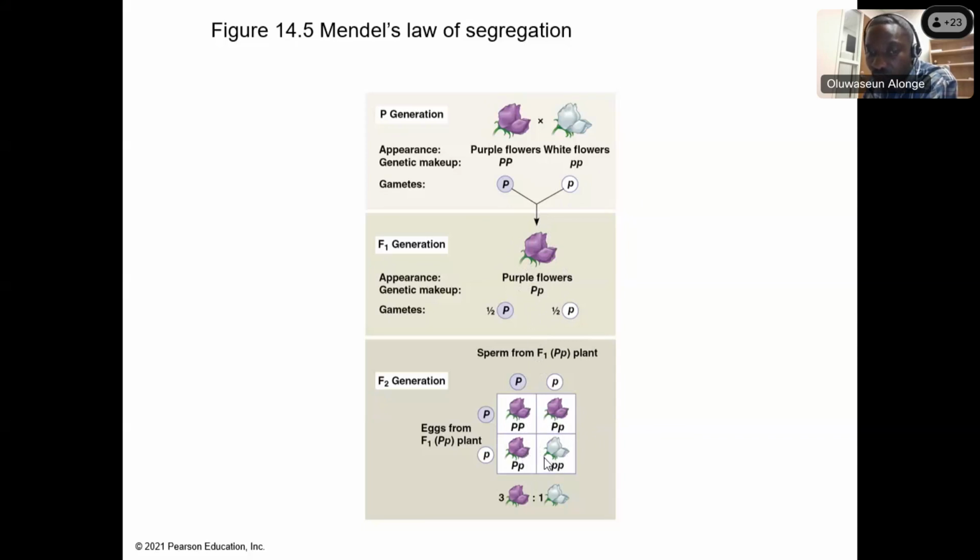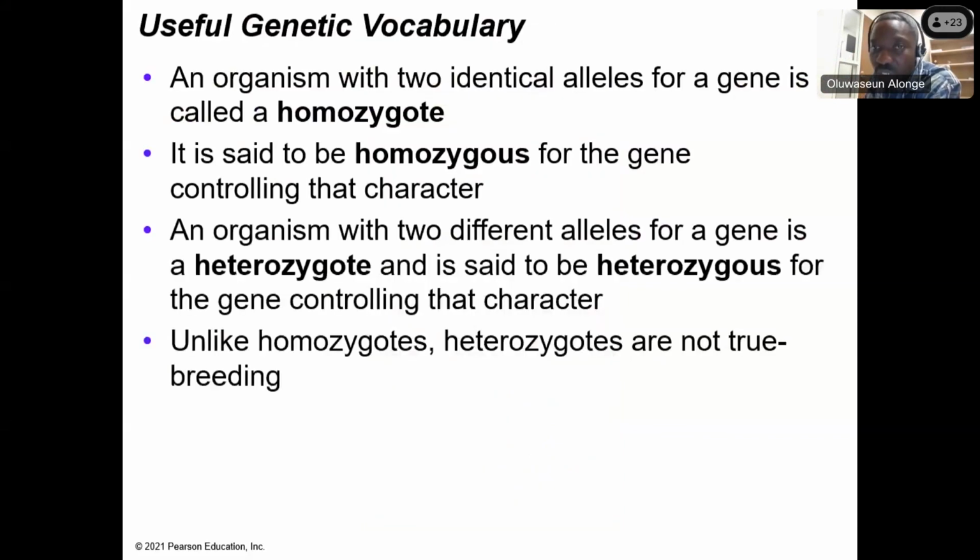So 3:1. At this point, we say that the distribution of the offspring is a 3:1 phenotypic ratio, not genotypic ratio. Genotypic ratio will always be 1:1, and phenotypic 3:1.